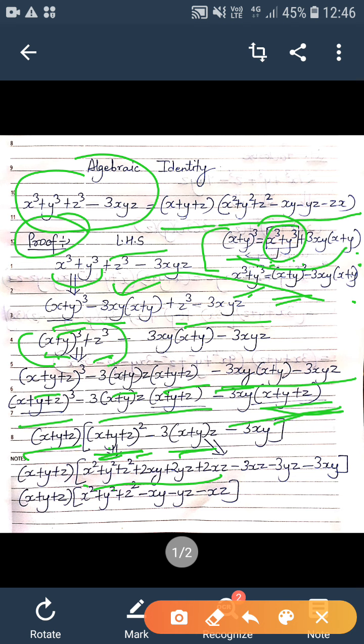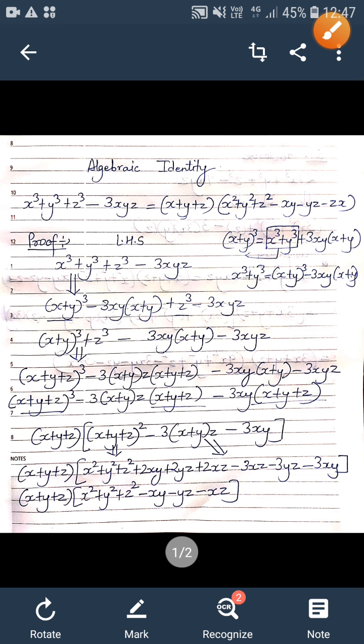Now simplifying this expression also, minus 3xz minus 3yz minus 3xy, and then combining the like terms, we are getting inside the bracket x square plus y square plus z square minus xy minus yz and minus xz. So now we can see that this identity has two factors. One factor is x plus y plus z, and the other factor is x square plus y square plus z square minus xy minus yz minus xz.